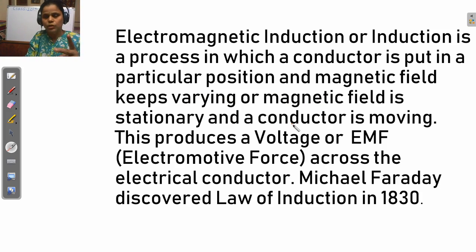Both conditions: one is the conductor is moving, and second is the conductor is stationary and the magnet is moving. In this process a voltage or EMF, that means an electromagnetic force, is induced across the electrical conductor.